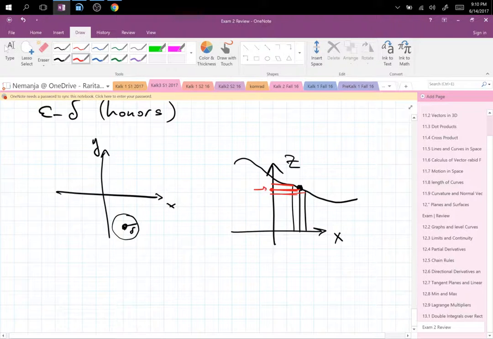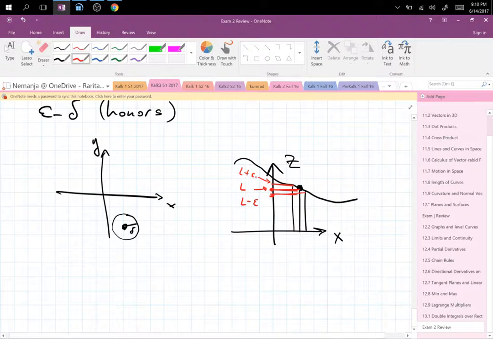So this value in the middle is L. The value on the bottom is L minus epsilon, and the top is L plus epsilon. So if you're looking from the top, you see a disk, and it's a tube that rises. Once it hits the function, it bounces off towards the z-axis for us to read the value, and both of these tubes also bounce off, and that creates the epsilon.